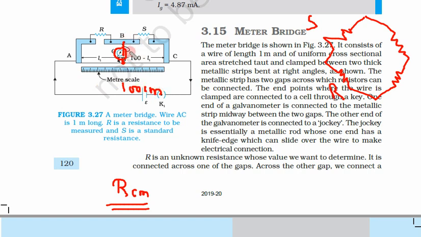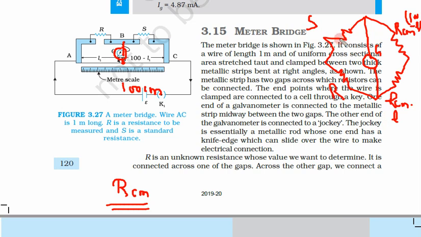We have this galvanometer, so what was the condition here? So this was the case and here were two unknown resistances. This is RCM, that means resistance per centimeter into length 100 minus L, and here RCM into length L. So how does this work?